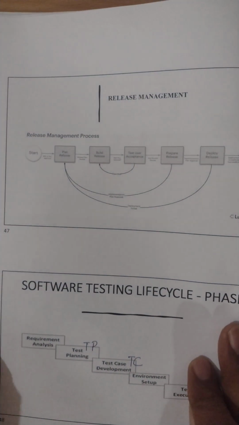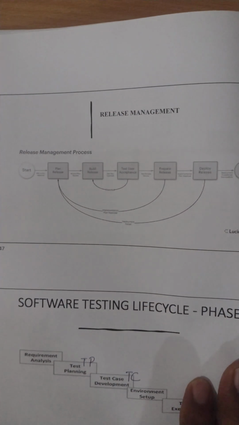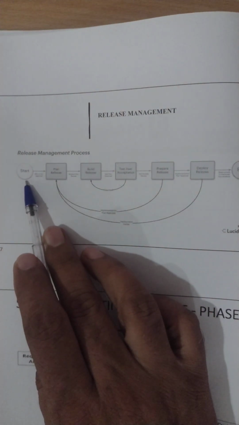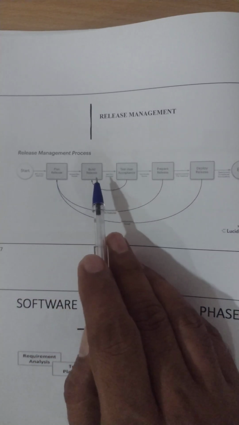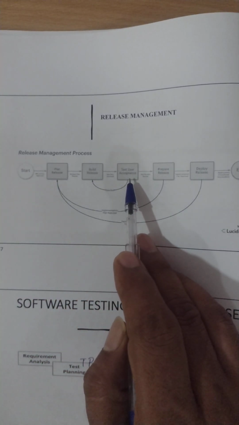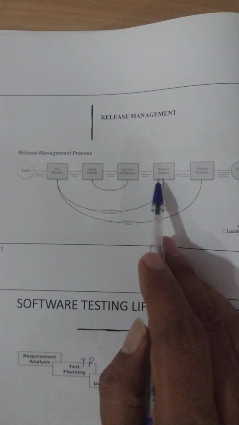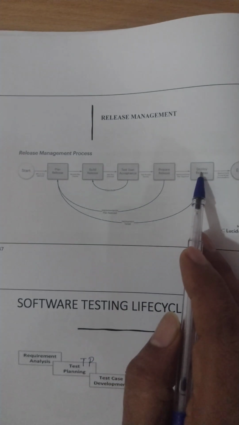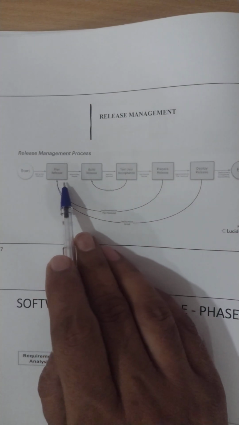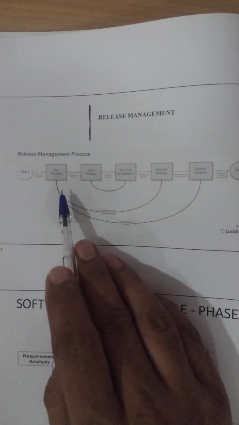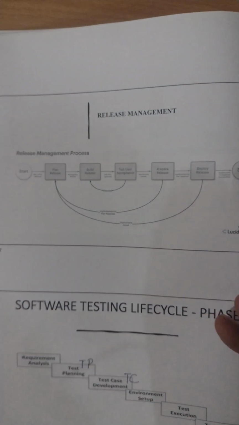Then in the release management process, we plan for the release, we build the release, we have the user acceptance, we prepare for the release, and we deploy the release. So like this the complete cycle is defined for release management.